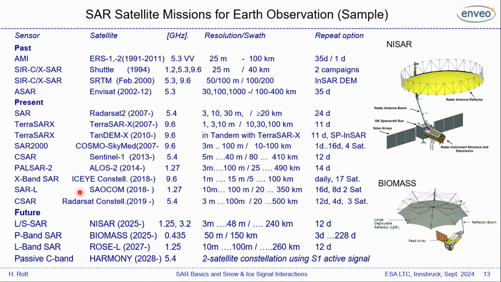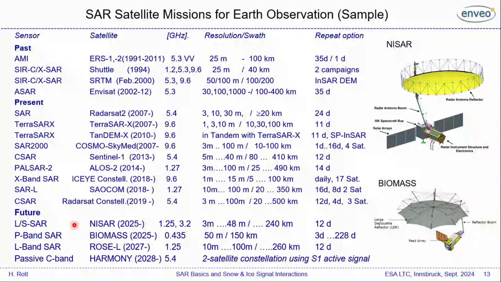Now this very high resolution X-band SAR, that's not the only one. ICEYE, there are others. Then in Argentina, SAOCOM, the L-band, which has also two L-band satellites, very interesting. And in the future, still more to come. As I mentioned, only very few, which I'm showing here.